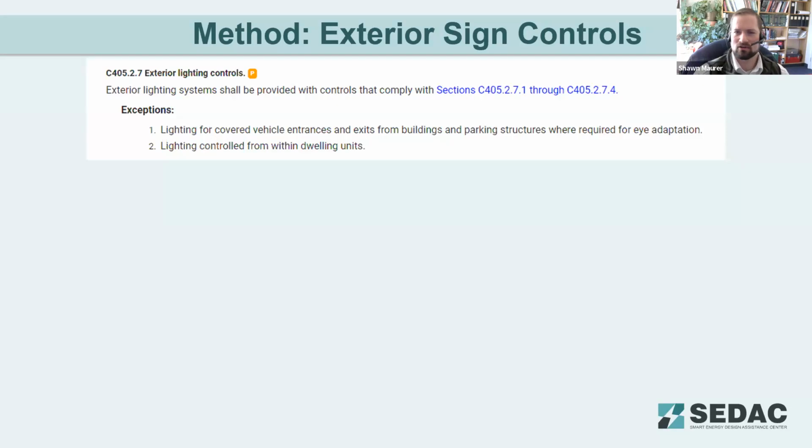So for this building, again, we're going to existing exterior lighting controls in C405.2.7. And we're looking at exterior lighting needing to comply with either 2.7.1 or 2.7.4. The exceptions here do not apply.